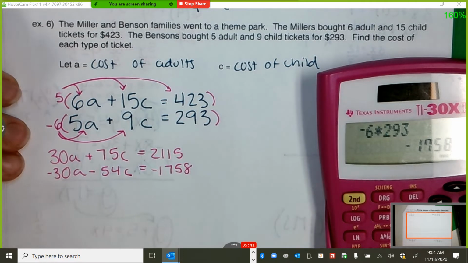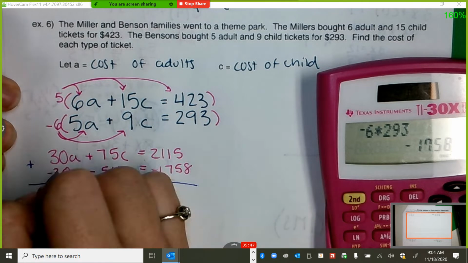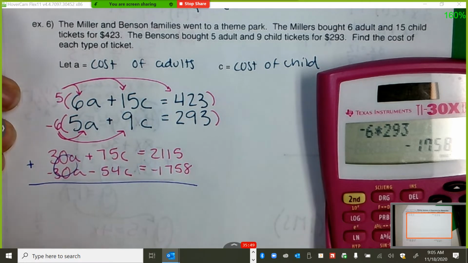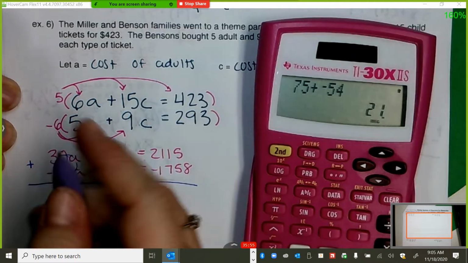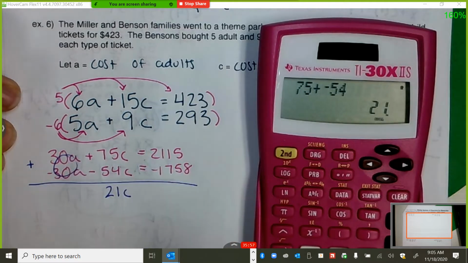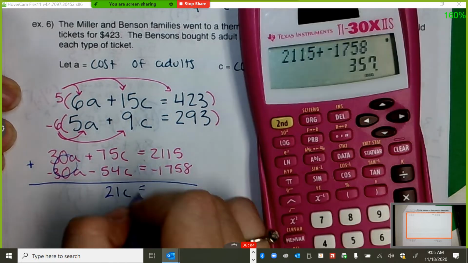Now what? Big addition. 0 pair cancels. 75 plus negative 54 is 21C equals 2115 plus negative 1758 gives me 357.